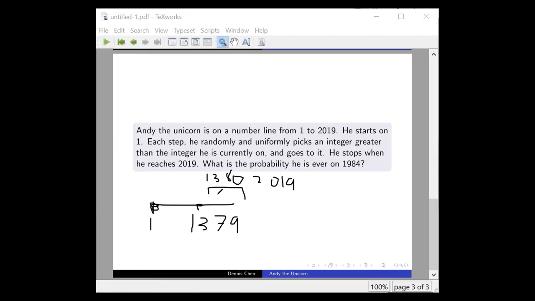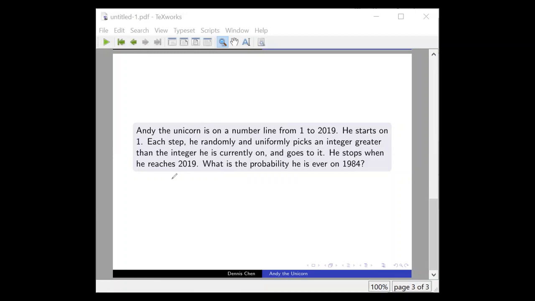All right. So immediately, we are starting to see an issue. Your first instinct, and my first instinct when I wrote the problem, was to think, is there a way I can count the total number of ways he can land on 1984, and of course also the total number of ways he can get to 2019 at all?